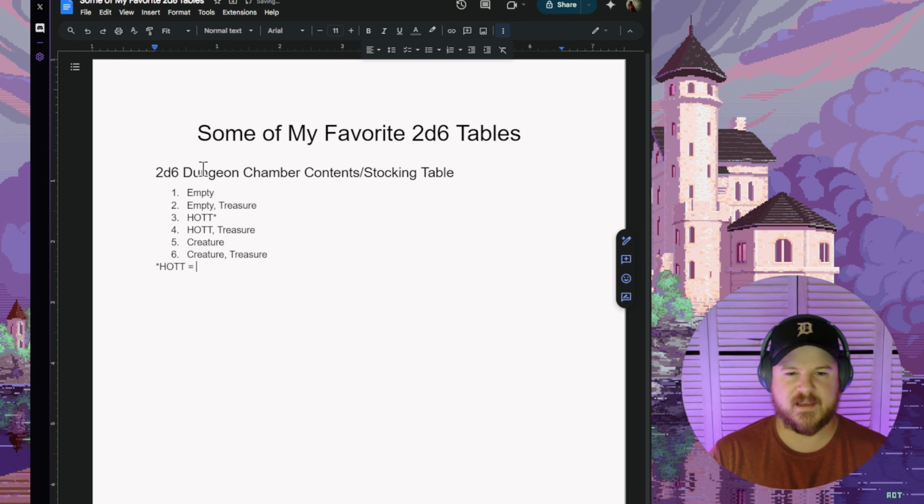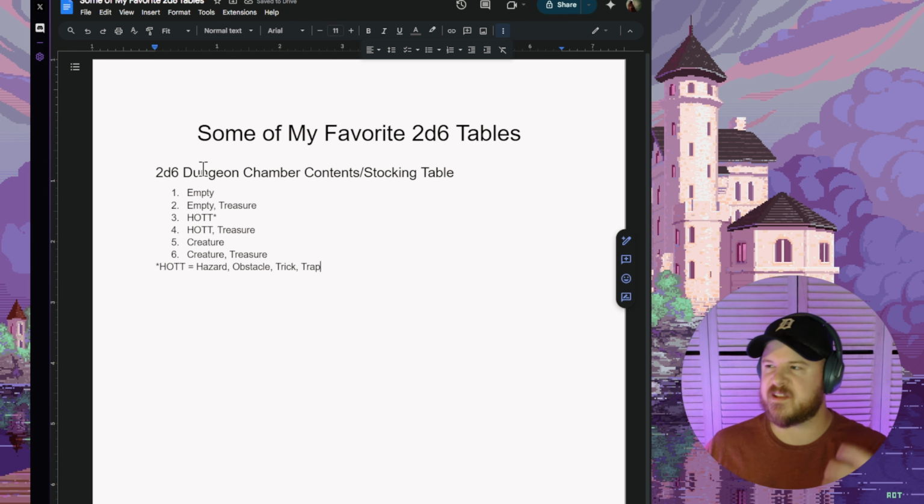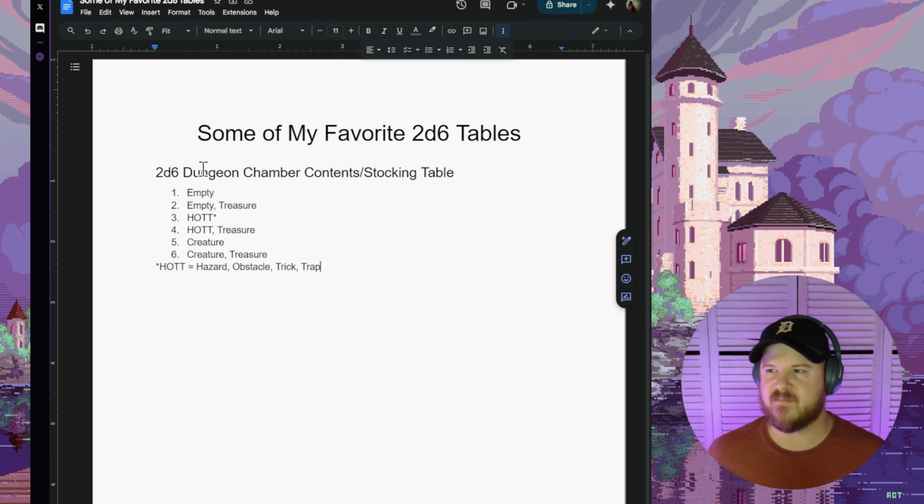So hot. What does that mean? It means hazard, obstacle, trick, or trap. It's basically going to be a non-combat, non-social encounter if you come up with a hot. I put those all together because, for me, that depends on the condition of the dungeon or the location.